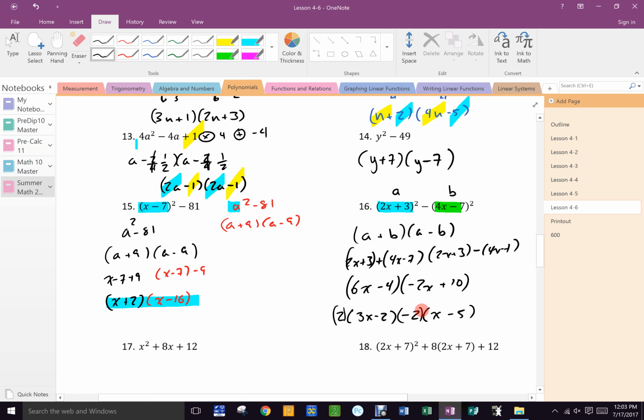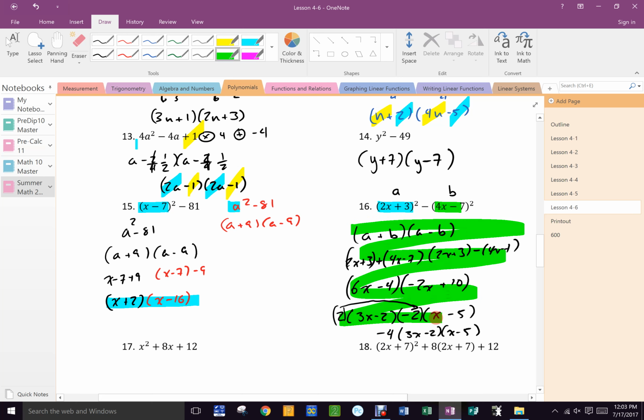And now, what would you do with 2 and negative 2? Negative 4, 3x minus 2, x minus 5. And that, ladies and gentlemen, is just about the hardest thing I could give you.